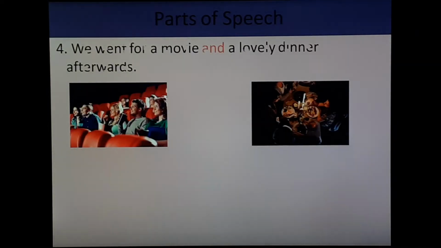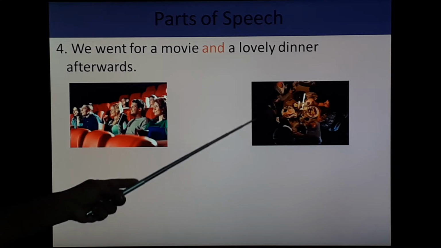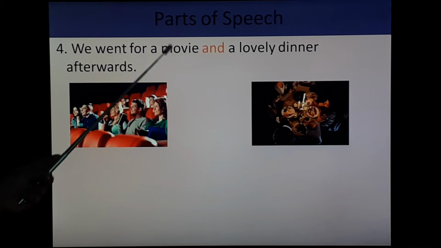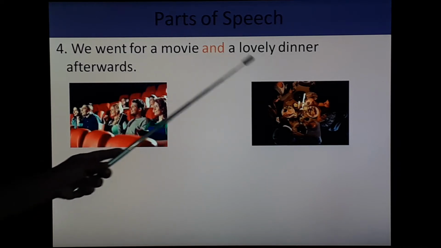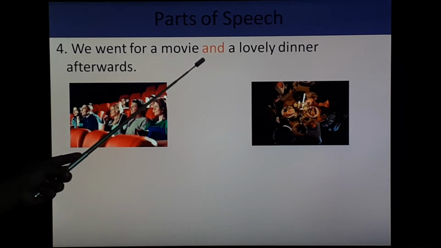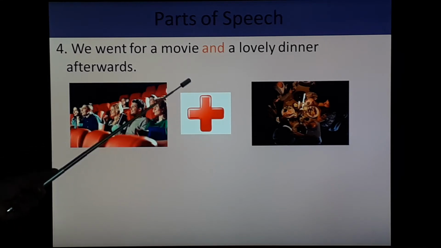Next, we went for a movie and a lovely dinner afterwards. So here movie and dinner. These two are different words which are joined with the help of the coordinating conjunction, that is and. And means you have to add, plus.